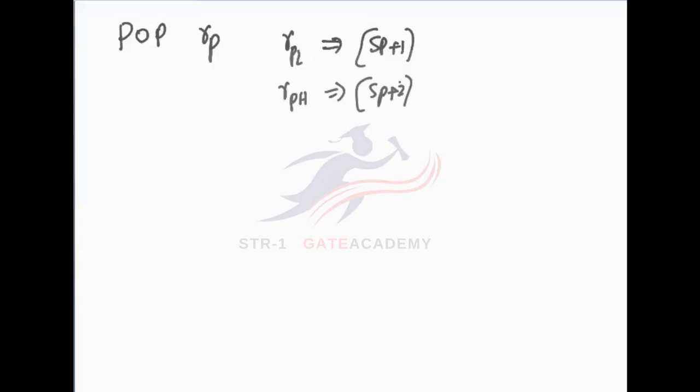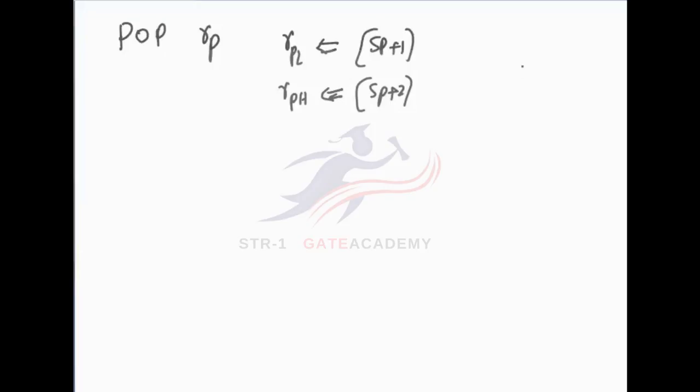From register pair to stack pointer is push operation, now stack pointer to register pair is pop operation. So now the symbol we have to give is this side, not this side, because from the stack pointer location to the register pair is exactly the opposite operation.